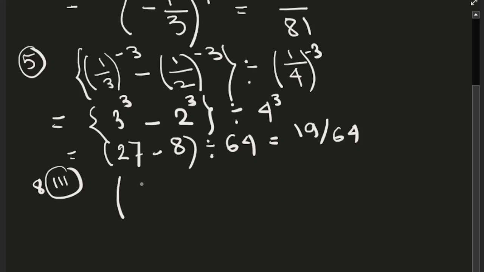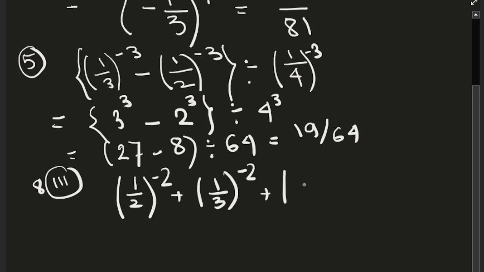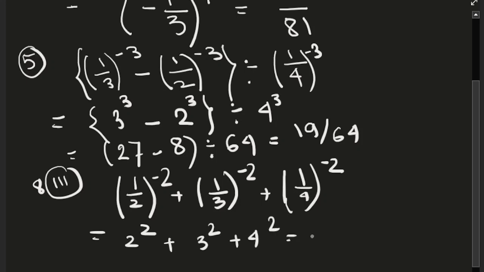Very easy question. So that means it will become 2 to the power of 2 plus 3 to the power of 2 plus 4 to the power of 2. That means 4 plus 9 plus 16 is the answer, which is 13 plus 16, which is 29 is the answer.